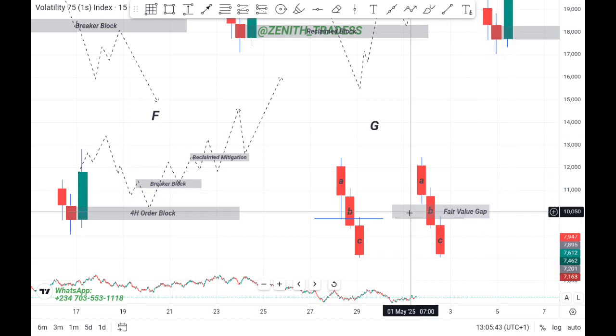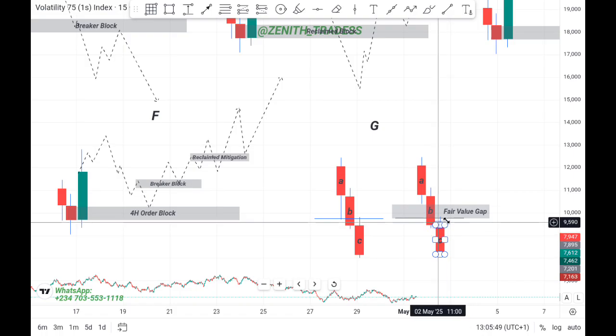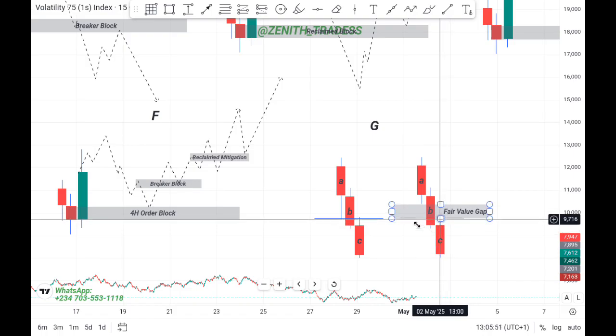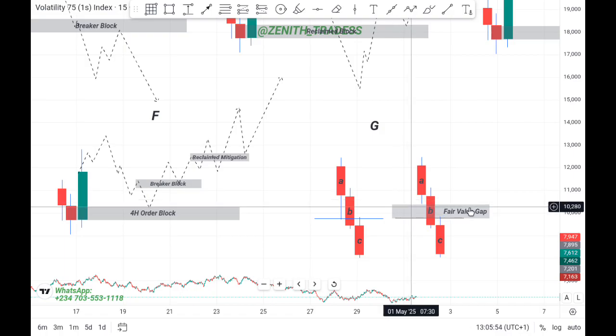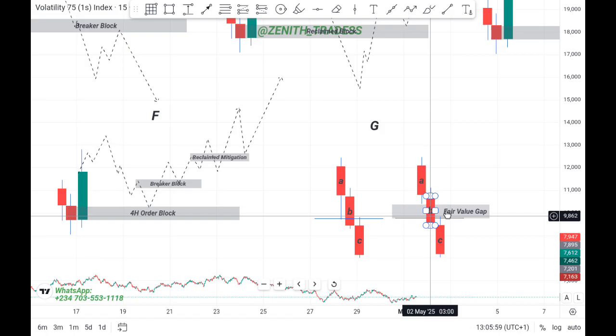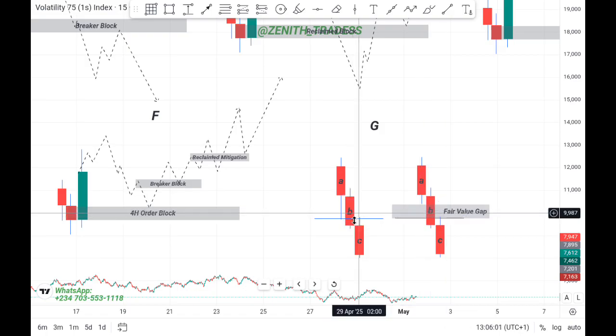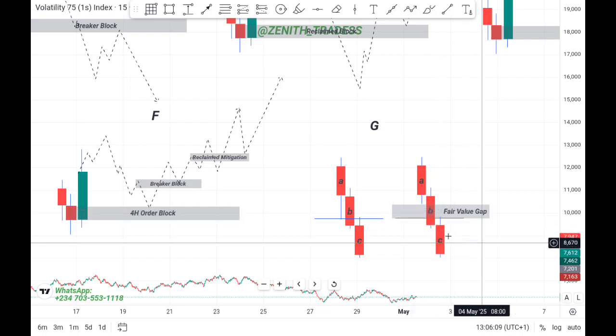Look at the low of the first independent candle where it stopped, and the top of the third independent candle. Now you can see that it contained a gap. This block, we are able to have this block inside, and they did not touch each other. For the first scenario, you can see that they touched each other, so there's no gap here. Here there's a gap. This is what we refer to as a fair value gap.